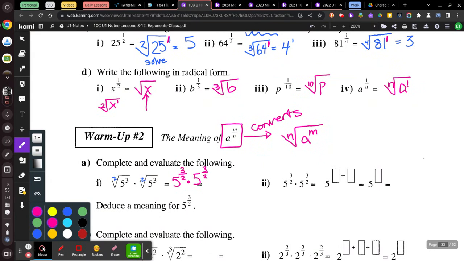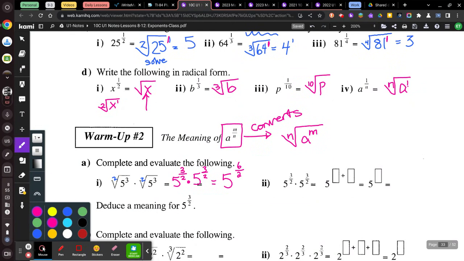When you've got exponents and you're multiplying, you add the exponents. Your base stays the same, though. You're not multiplying the 5s. The 5s stay 5. They're not going to change to a 25. And then we're going to add the exponents. So we're going to end up with 6 over 2, because when you add fractions, you only add the tops.